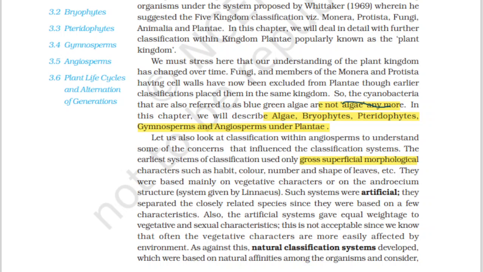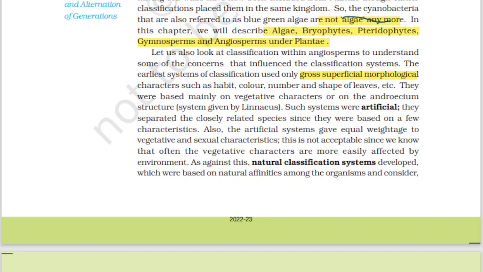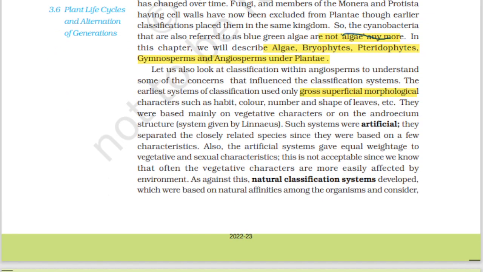Also, the artificial systems give equal weightage to vegetative and sexual characteristics. So in the artificial system, what is happening? It gives equal weightage to the vegetative and sexual characteristics. This is not acceptable, since we know that often the vegetative characters are more easily affected by the environment. How the environment affects the vegetative system.